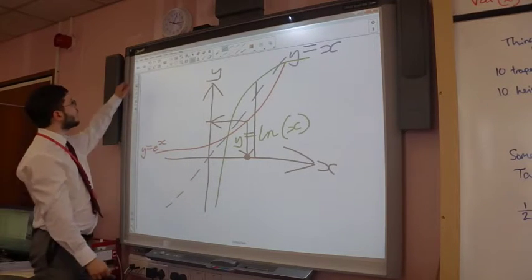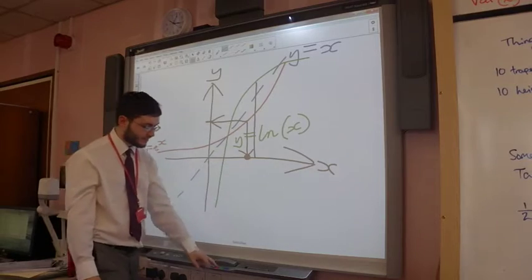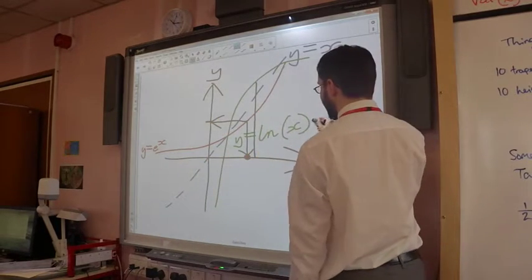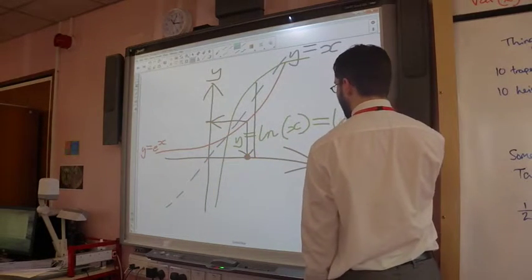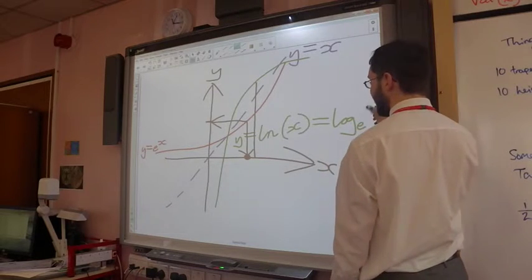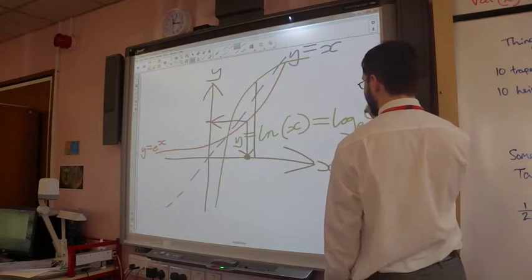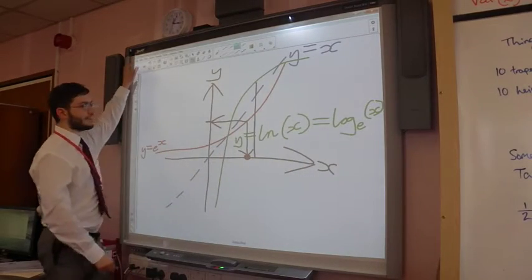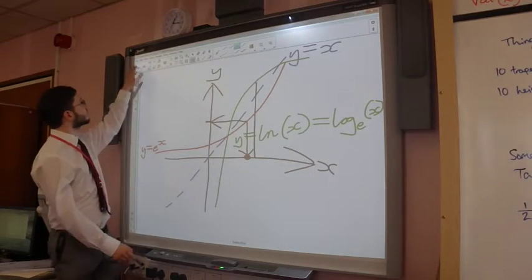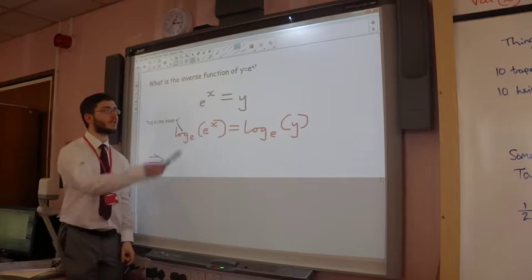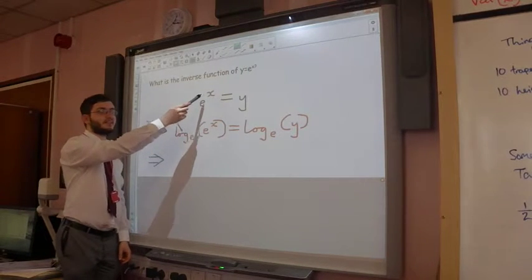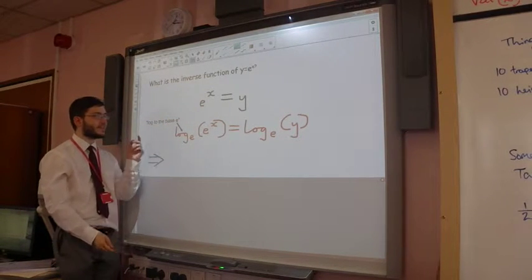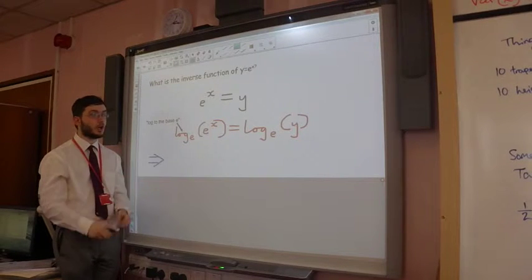Now, the lucky thing about this is that this is just taking log to the base e of x. It's just an extension of that idea with a slightly different name as a shorthand. So, if we had e to the x equals y, we could take log to the base e of both sides.